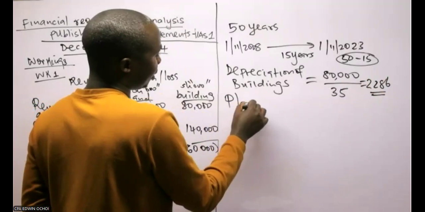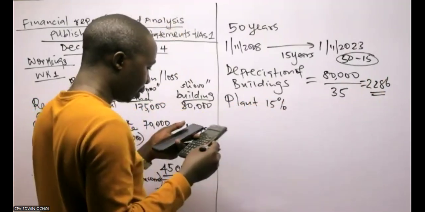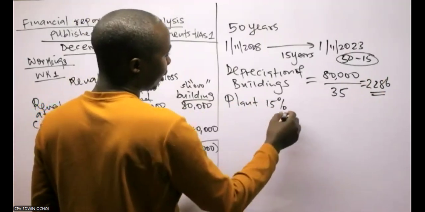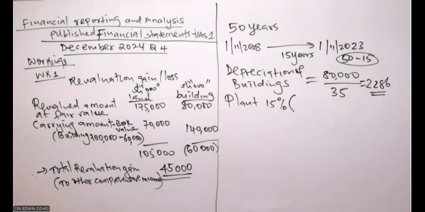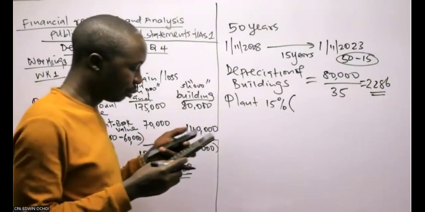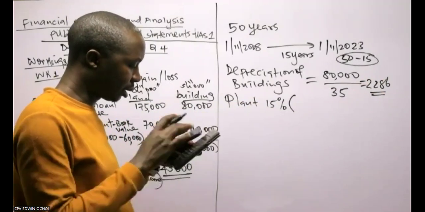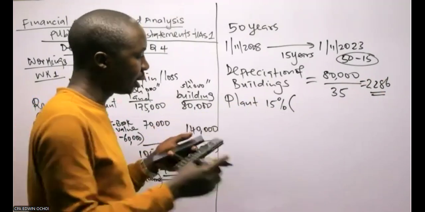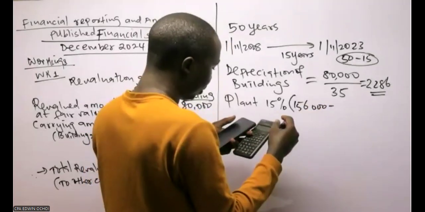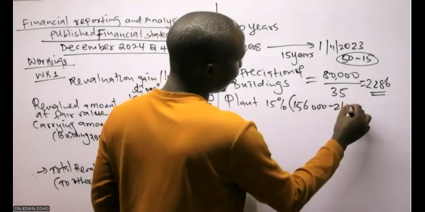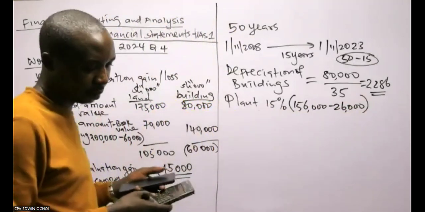And for plant, remember it was at 15%. On reducing or what? Yes, reducing. So for reducing balance, remember you have to take your cost minus accumulated depreciation. The plant is stated at a cost of 156,000. You have to minus accumulated depreciation of 26,000. Once you do that, you multiply with your 15%.